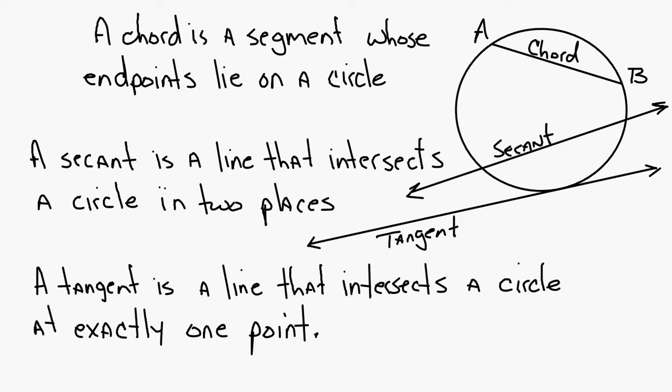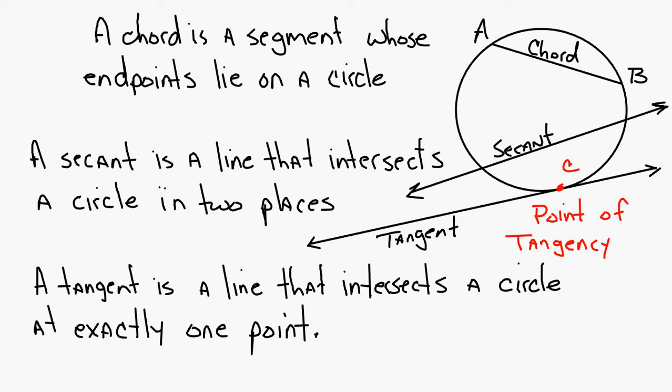So this tangent intersects this circle right here. We'll call it point C, and it has a name. It's called the point of tangency. That's where the circle intersects the tangent, or where the tangent intersects the circle.